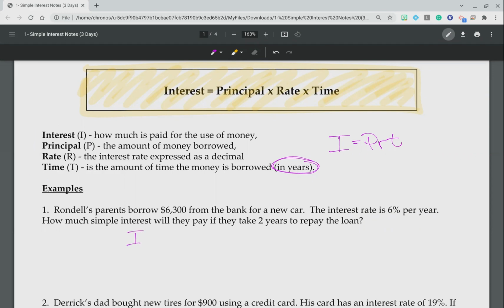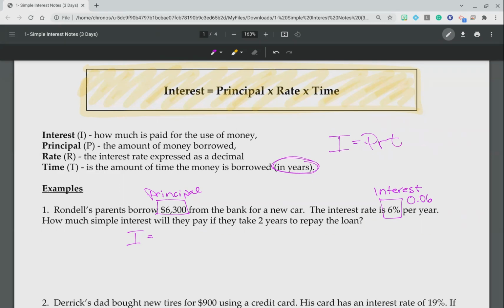I equals the principal, which is the amount of money borrowed. It says Rendell's parents borrowed $6,300. So this number right here is your principal. Then it says the interest rate is 6%. Again, we have to write that as a decimal, so that's going to be 0.06.